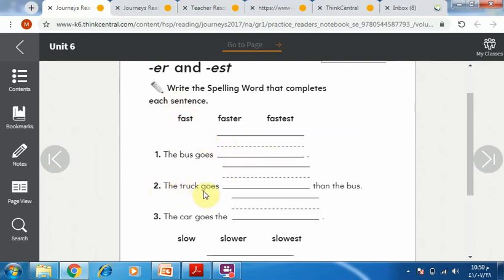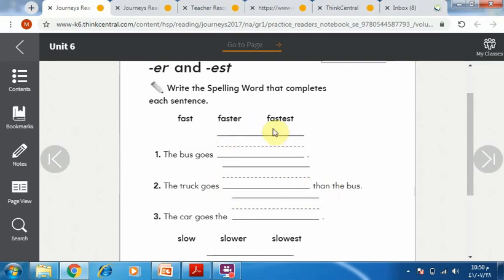Number 2. The truck goes dots than the bus. Yeah. I think you saw it at once. The keyword. Do you see the keyword? Where is the keyword? Than. When you see the word than, this means how many things I'm comparing. Yeah, exactly. I'm comparing two.